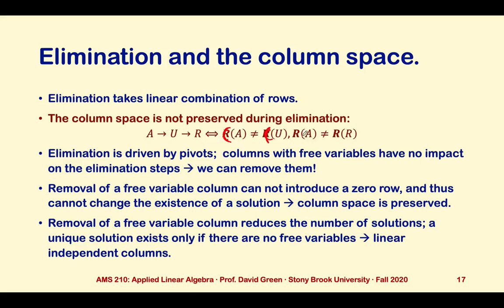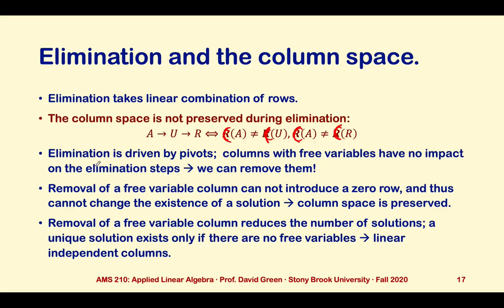The column space of A does not equal the column space of U. The column space of A does not equal the column space of R. Actually, the column space of U and R usually are the same, but that's a fact for another discussion. So the column space is not preserved during elimination. Important thing to remember.